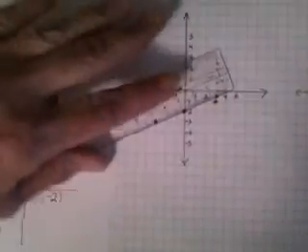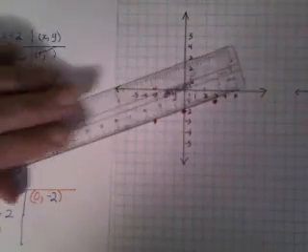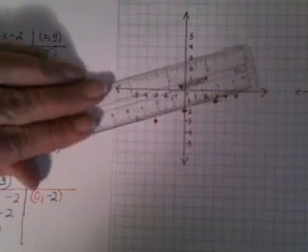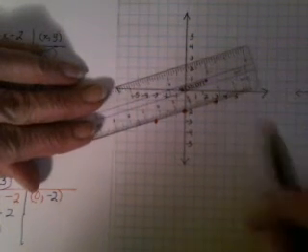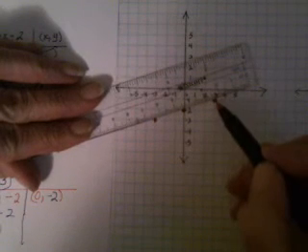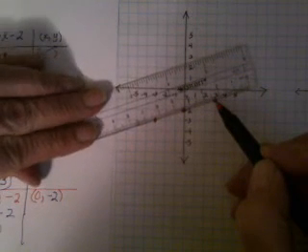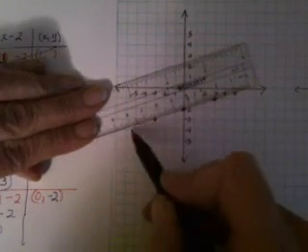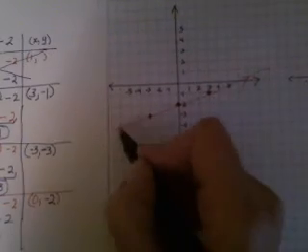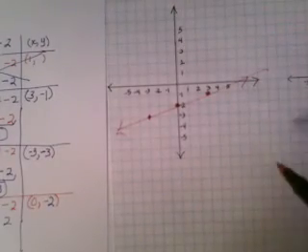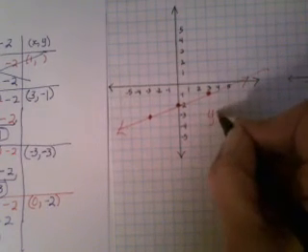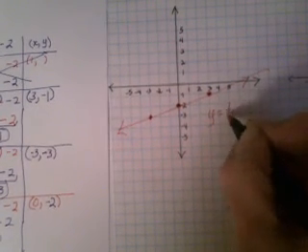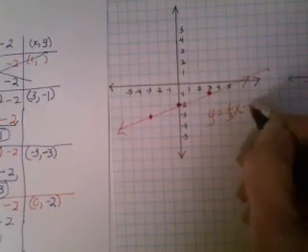Now I've got these 3 points in a straight line, so all I have to do is get my little straight edge here and line that up, and draw my line. And there's my graph. Now this is the graph of the equation y is equal to 1/3 x minus 2.